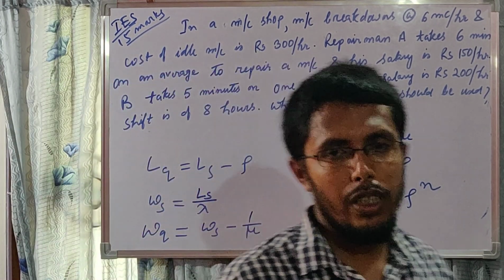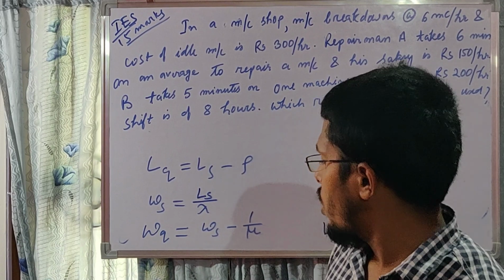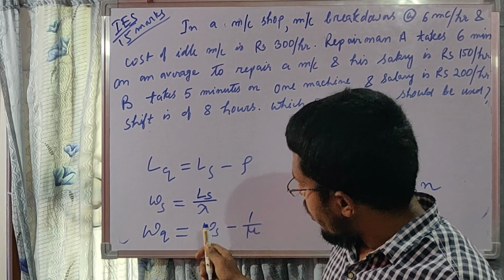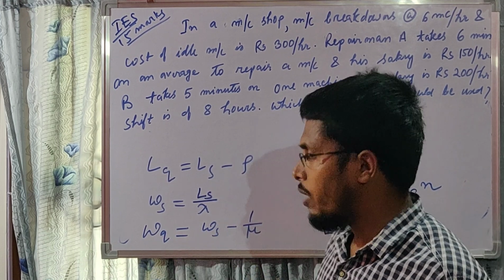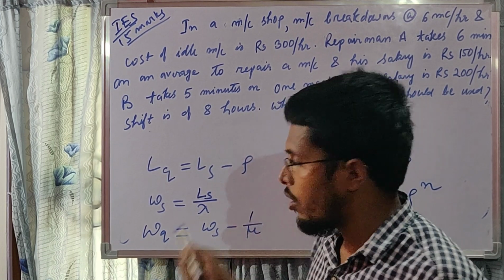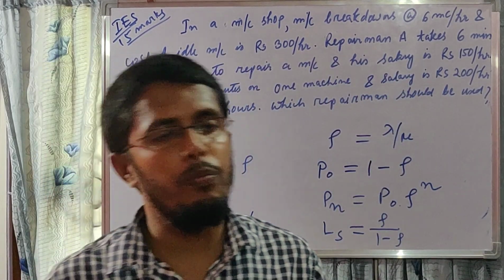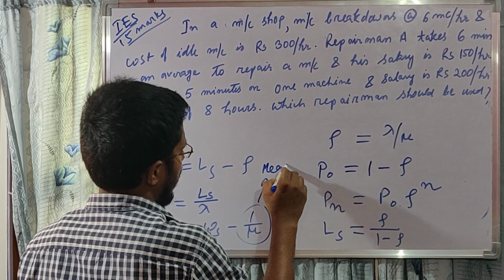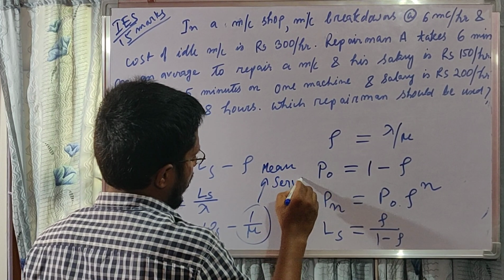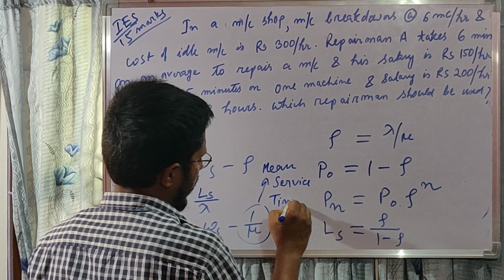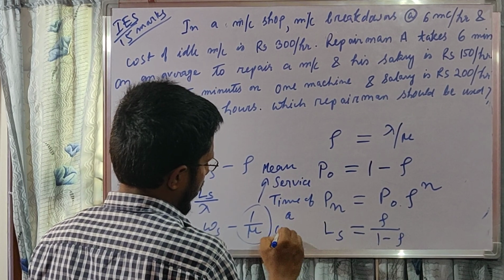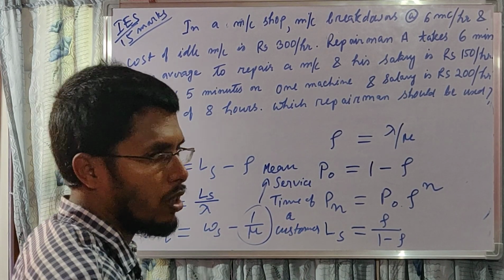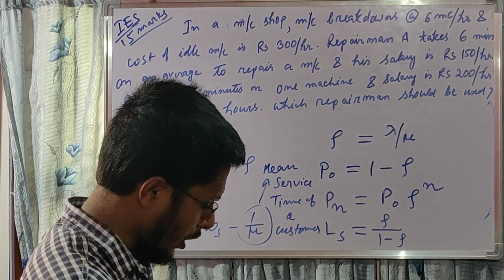Or you might say the difference of average waiting time between system and queue is nothing but the mean service time of a customer, because 1 upon mu is the mean service time of a customer. Got it?